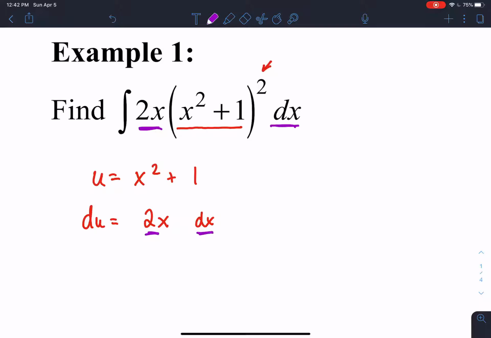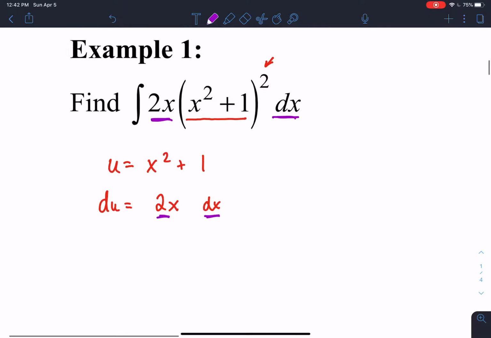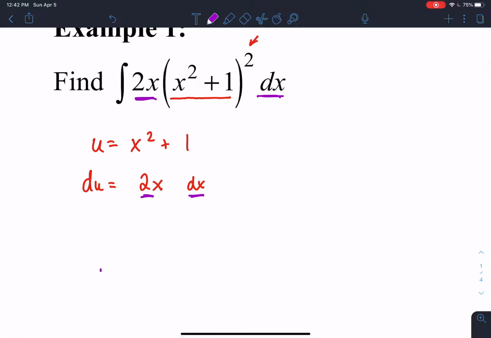When I rewrite my problem, du is going to take the place of 2x dx. So your problem now becomes, instead of x squared plus 1 squared, just u squared. And du is taking the place of the 2x part and the dx part. So you're keeping everything the same.